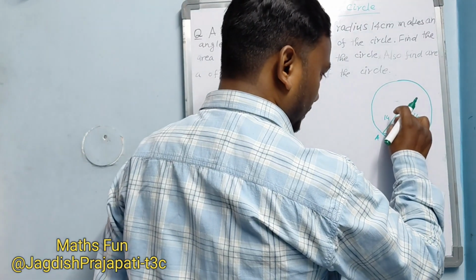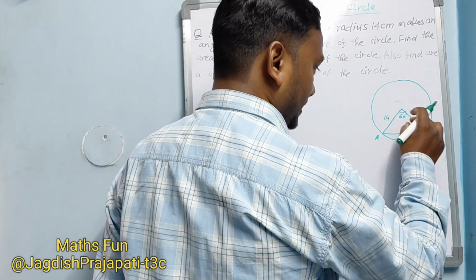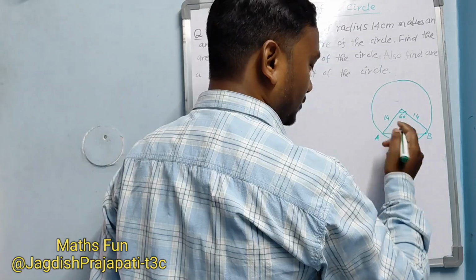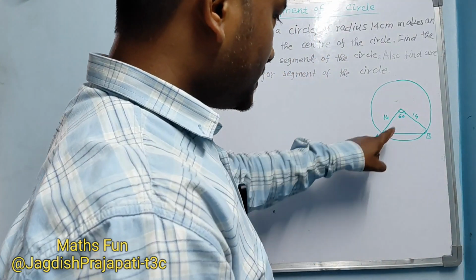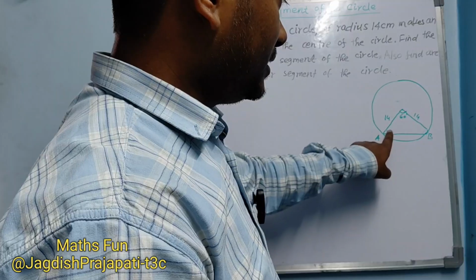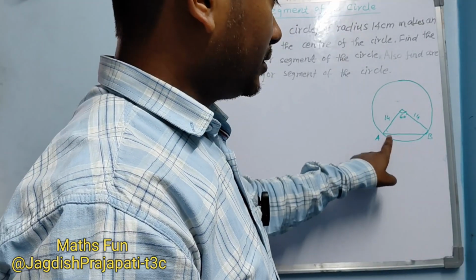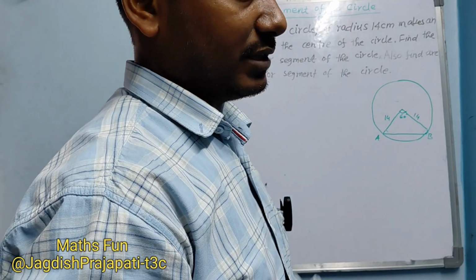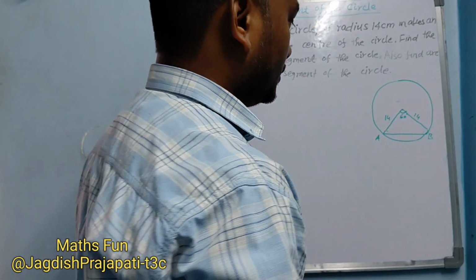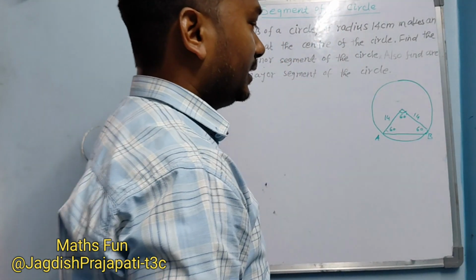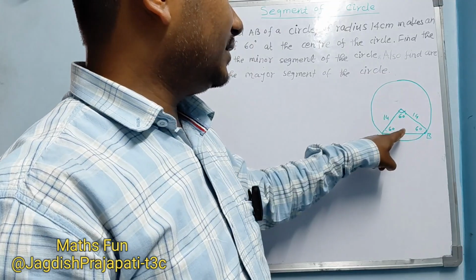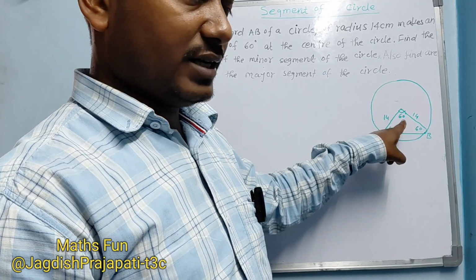The opposite angle to this side is this one, and to this side is this one, so these will be equal. Since this alone is 60 degree and these two are equal, this will be 60 plus 60, and therefore the sum of the angles of the triangle is 180 degree.